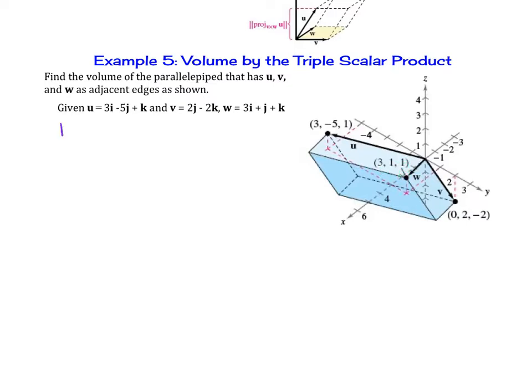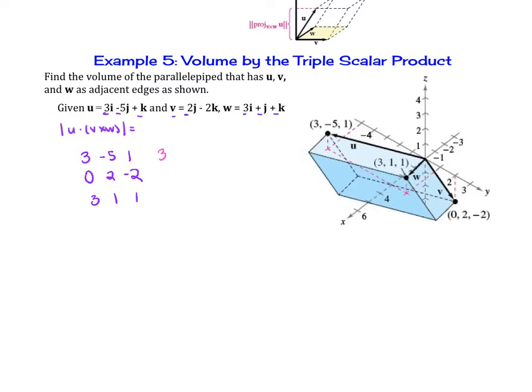So let's find this product, u dot v cross w. So u is 3, negative 5, and the coefficient of k, which is 1. Then v, we have no i, and then 2 and negative 2, so 0, 2, negative 2. And for w, it's 3, 1, 1.